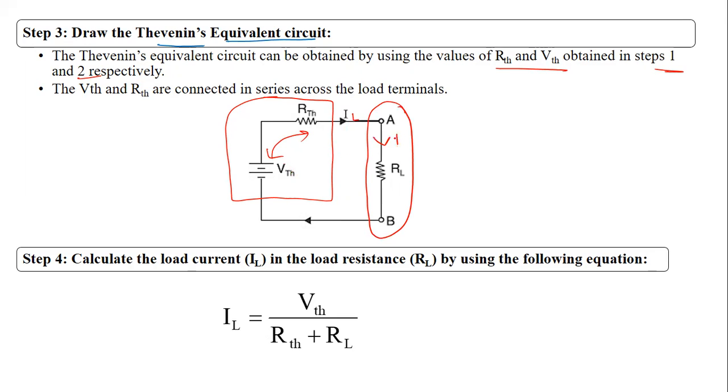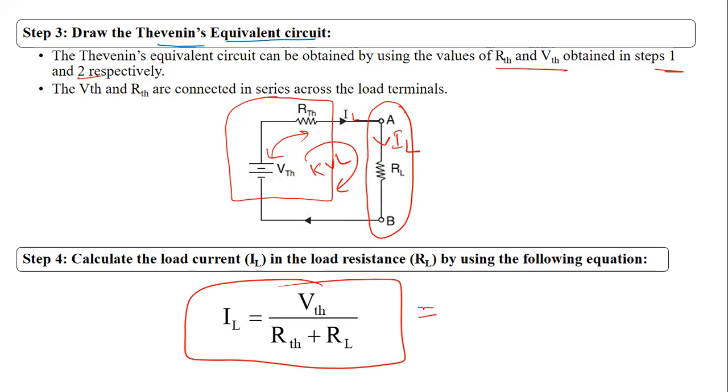And then we can calculate the load current. How will we calculate the load current here? We can apply KVL. As per KVL, the load current is given by this formula: IL is equal to VTH divided by RTH plus RL.